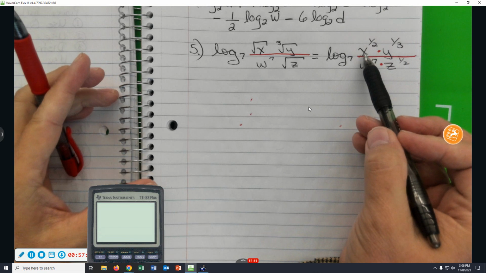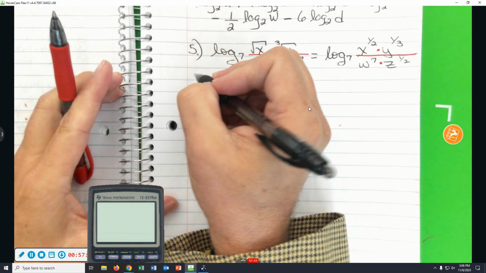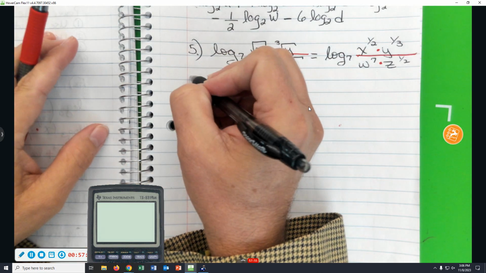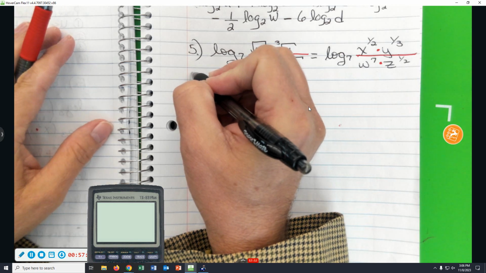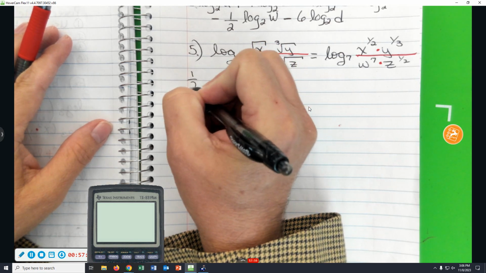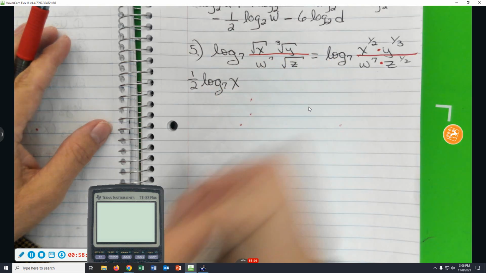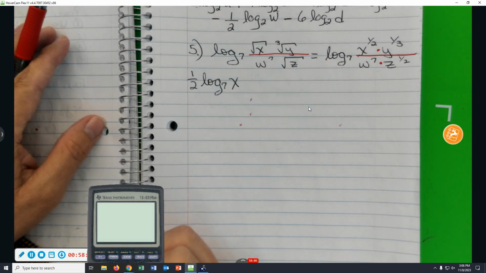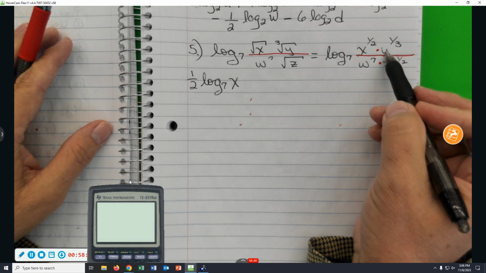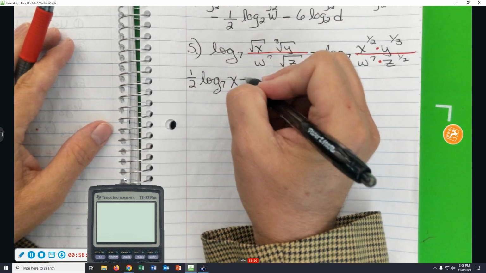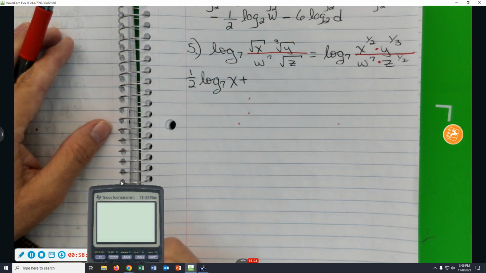Okay, first of all, I'm going to deal with the x to the 1/2. Am I going to have a coefficient? Yes, what is it? 1/2 log base 7 of x plus or minus. Plus because we're still up on top. So a plus. Am I going to have a coefficient?